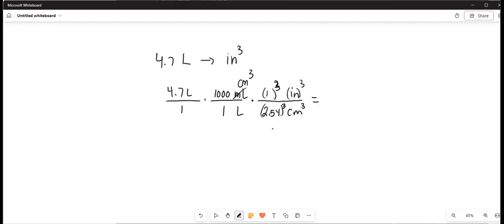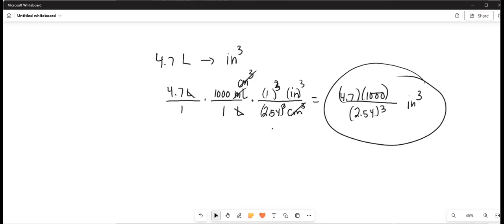All right, so liters cancel, the centimeters cubed cancel, and you're going to have 4.7 times 1,000 over 2.54 cubed, and it's inches cubed. Okay.